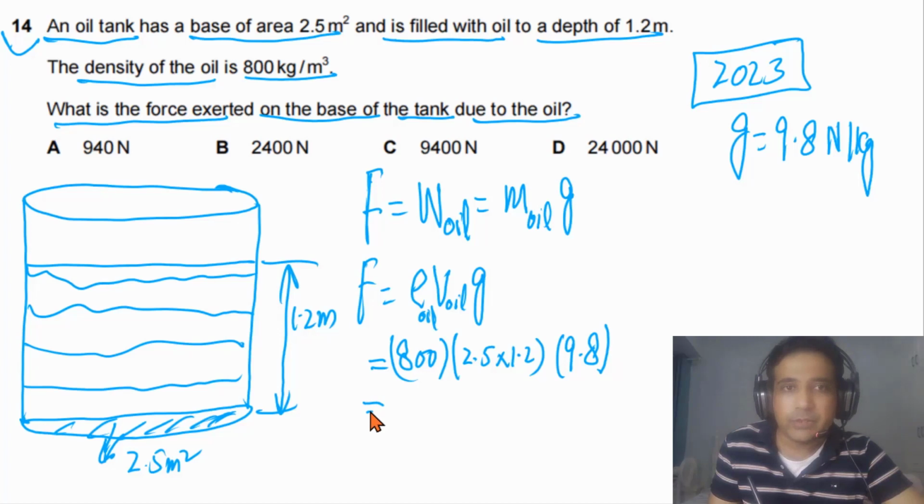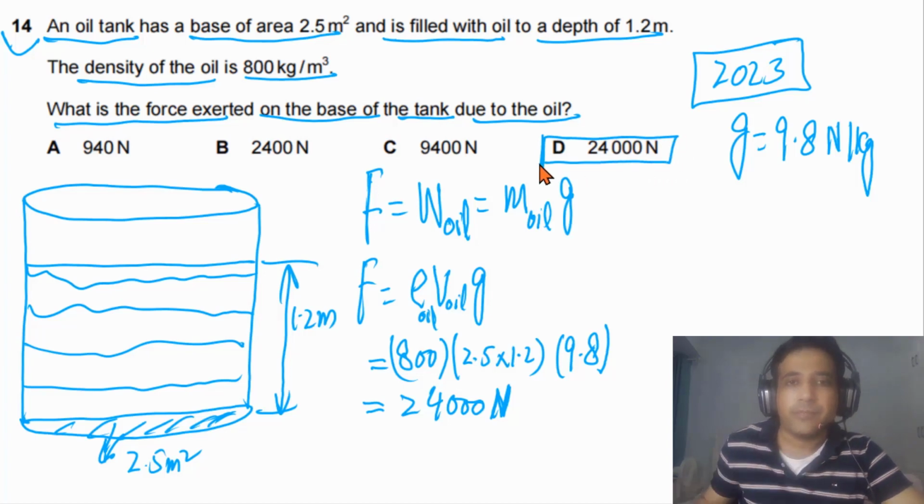If we solve this one, our final answer will be equal to 24,000 Newton. So the answer for this question is D. Your answer will be close to this one, maybe a little bit plus minus, but if you write down up to 2 SF, your answer has to be equal to 24,000.